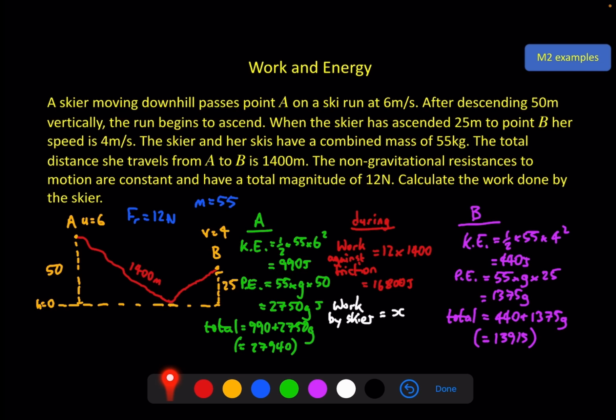Seeing as we're about to work that out, I will use these numbers with the 9.8 put in, and we get 27,940 minus energy lost due to friction plus energy gained due to the work by the skier must equal the final energy 13,915, which means x is equal to 2,775 joules of work. Or what I should have done really is round it to two significant figures and say 2,800 joules.